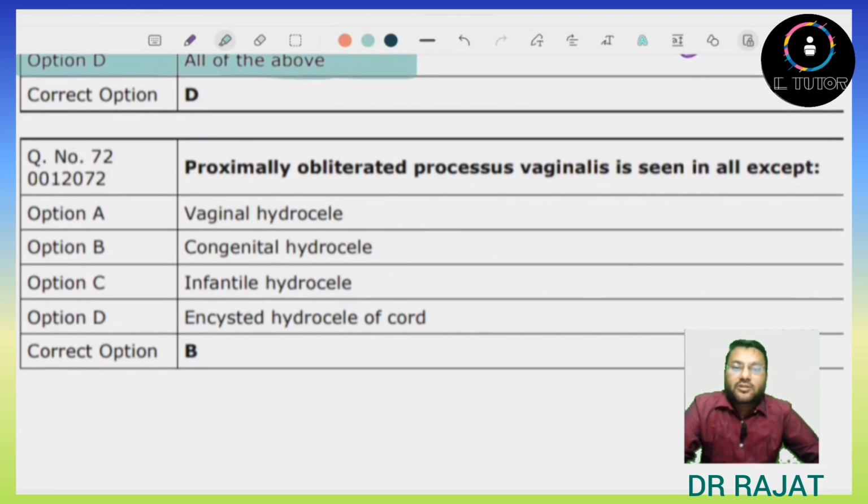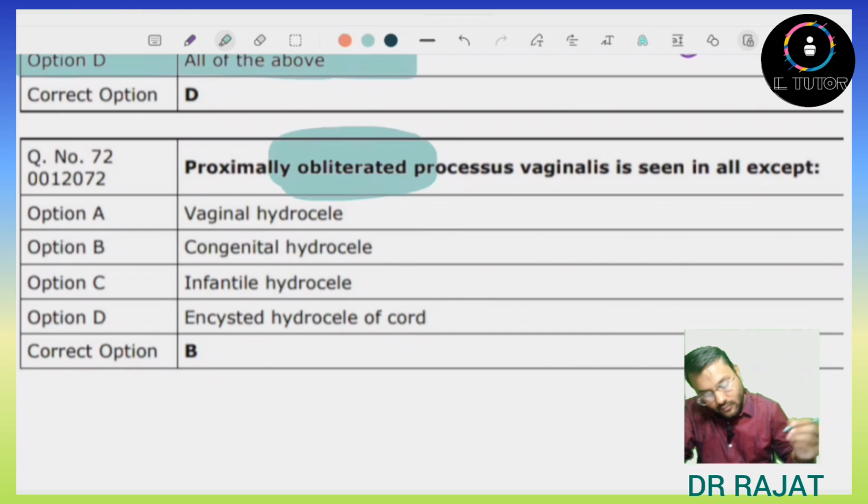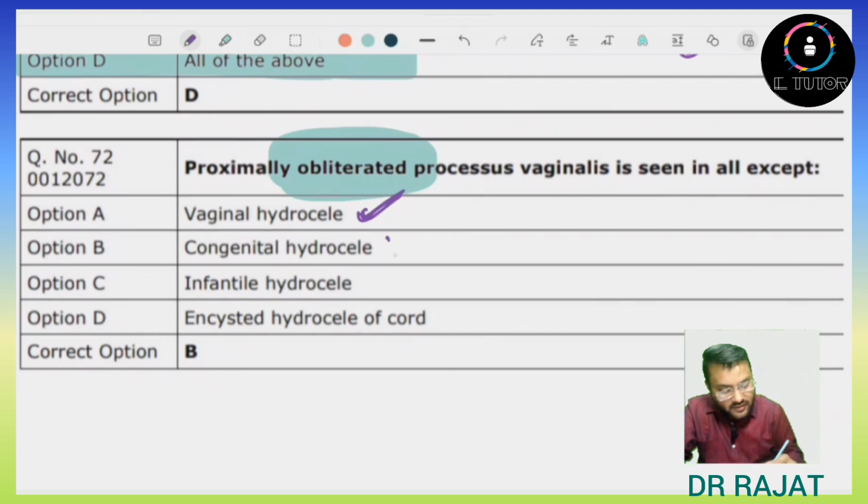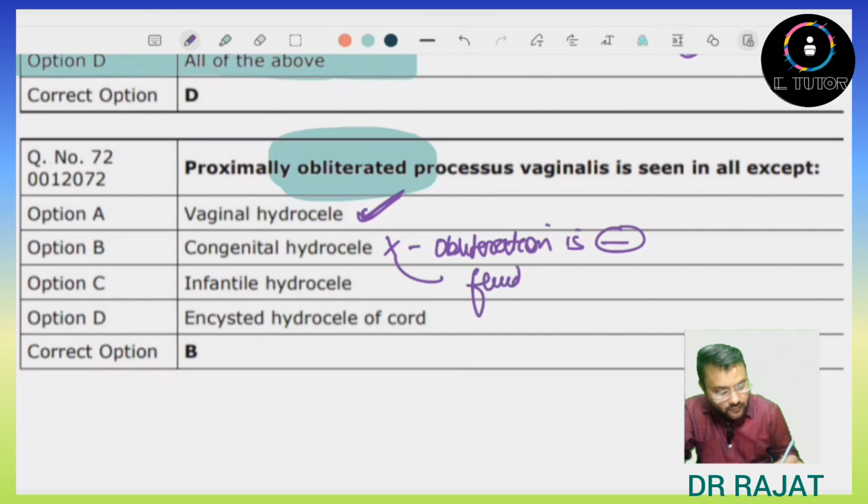Proximally obliterated processus vaginalis is seen in all except. So they are asking about the obliterated processus vaginalis. The options are vaginal hydrocele. This is true. Congenital hydrocele. No, this is not true, because in congenital there is no obliteration. Obliteration is absent, and so the fluid from the abdominal cavity can move into the scrotum.